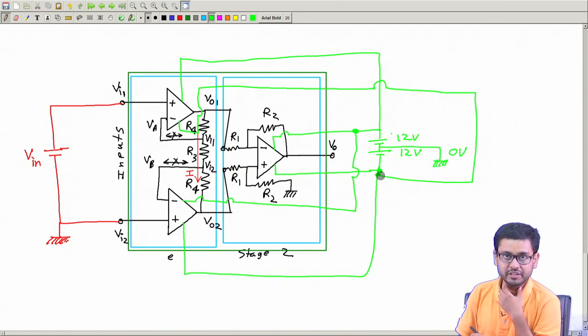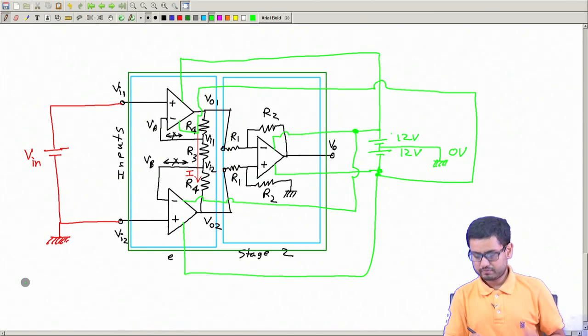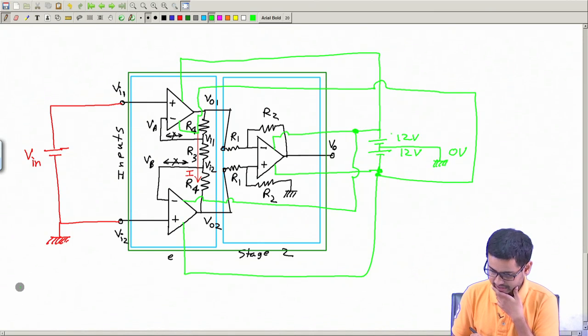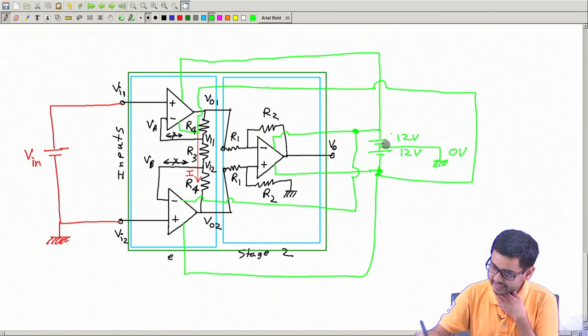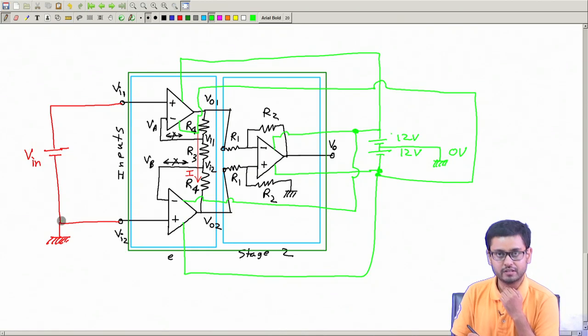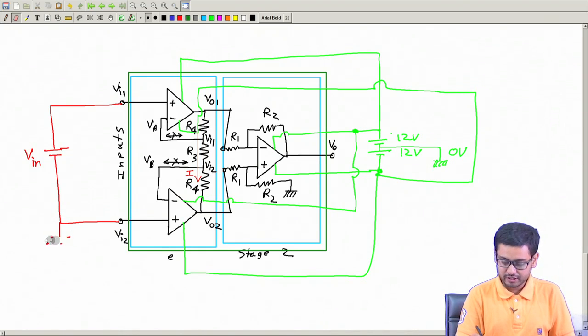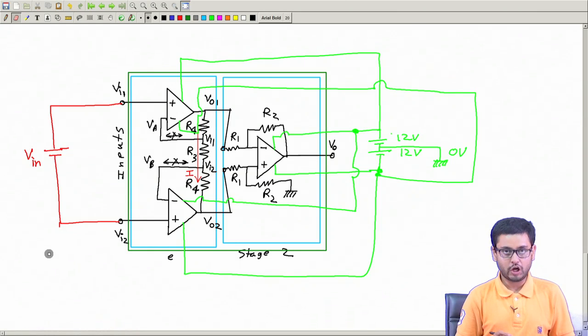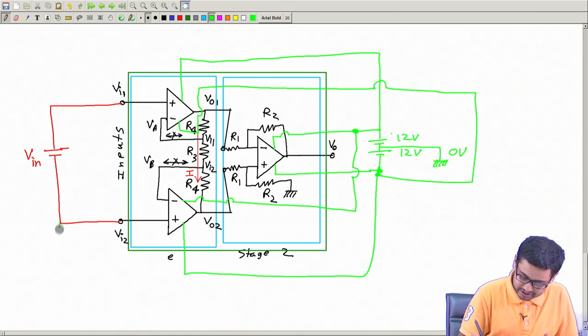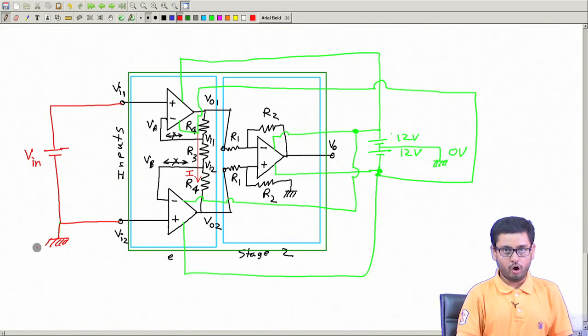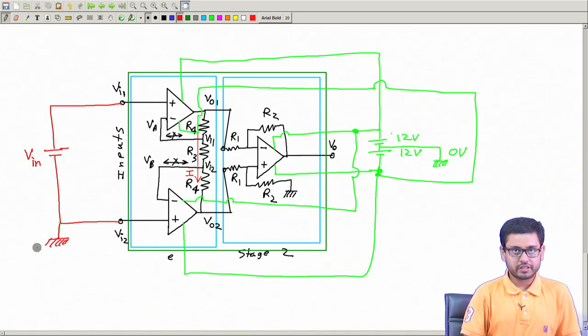Although the diagram is ugly, I think the idea is clear, I hope. And this ground should be common. Please do not leave it floating like this. This is how to use the instrumentation amplifier. Thank you.